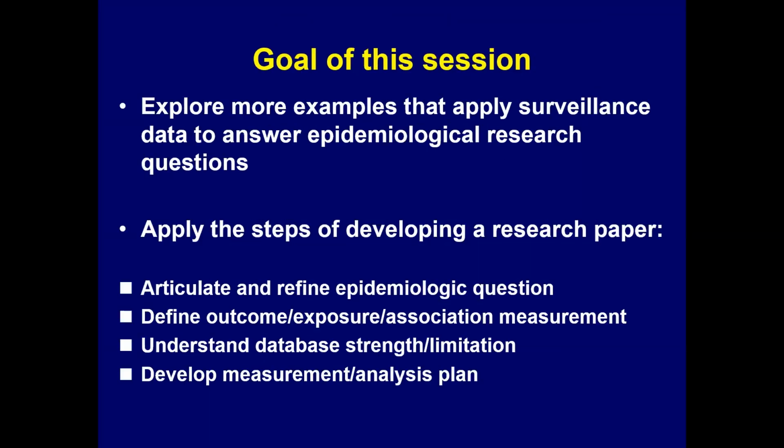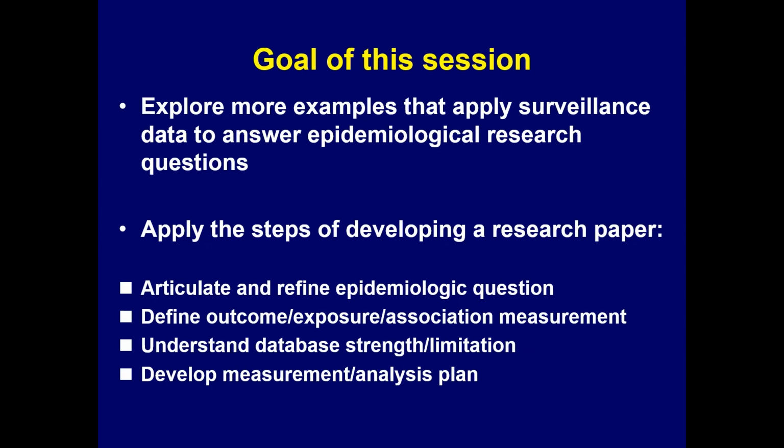The goal of this session is to explore more examples that apply surveillance data to answer epidemiological research questions, and to inspire and encourage you to conduct your own research paper and analysis after this course.